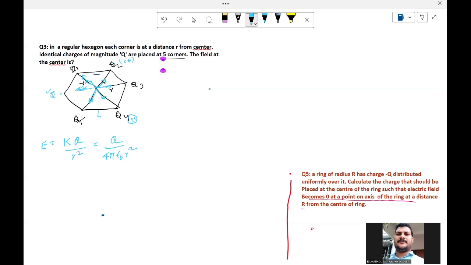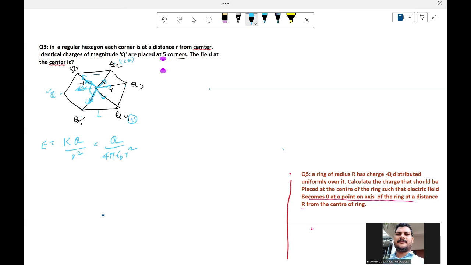In the same case, they may give the charges different natures, meaning one is positive, one is negative. For example, see here, 2Q and 3Q have been taken. Take the resultant field of this one in this direction and this one in this direction. Over this angle we will find out; these two get cancelled, this Q and this Q are the same, so these two get cancelled. Now the angle between them will be 120.